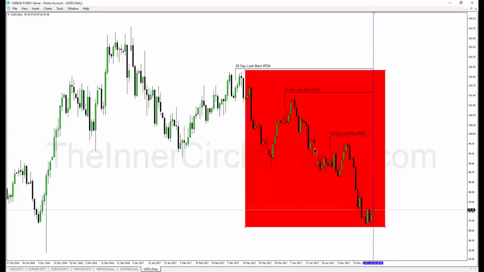But if you don't have Sunday candles, you don't have to do it like this. You simply just count yesterday's daily candle as day 1 and go back 60 days, go back 40 days, and go back 20 days, and you'll have the IPDA data ranges that keep shifting forward dynamically. When we get to a new quarter, or every 3 months, we anticipate a shift in market structure, and therefore there will be a quarterly shift that takes place.